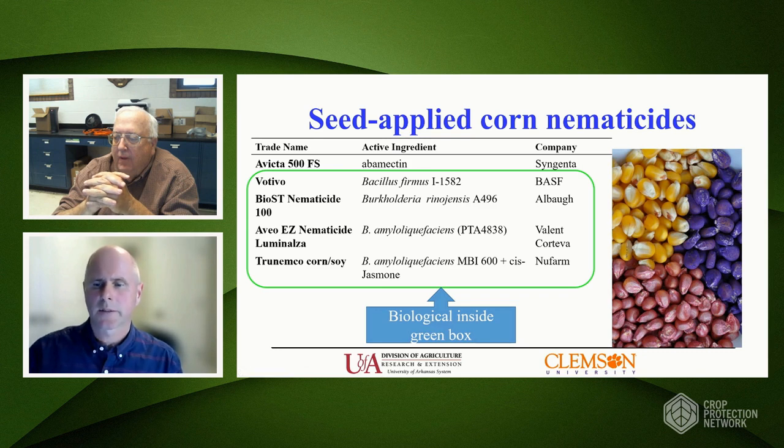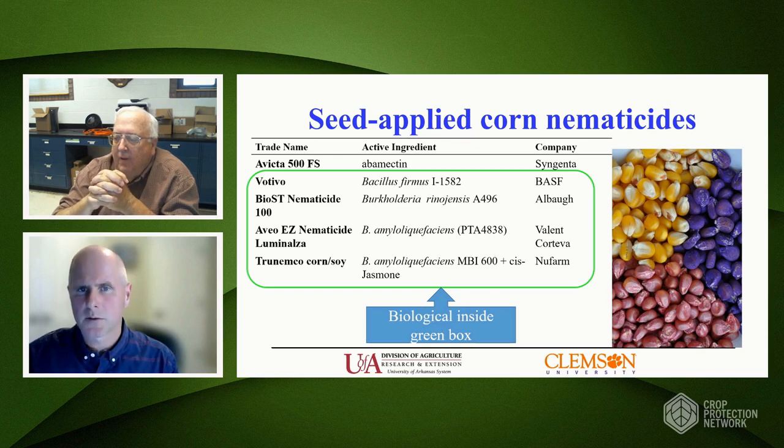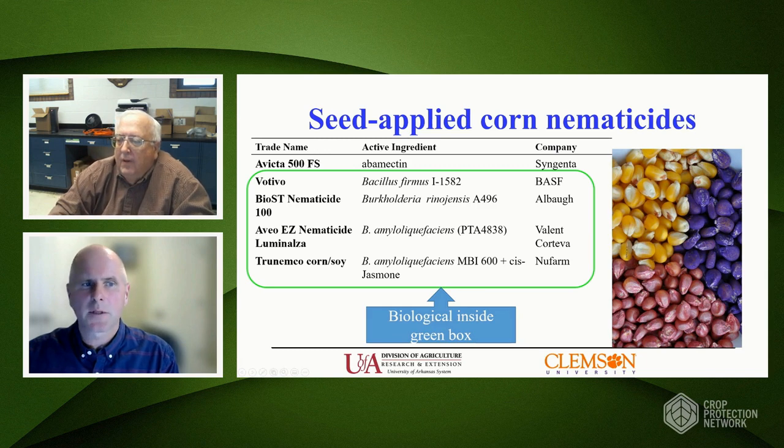So it's really more of a chemical type material, has to wash off the seed coat and get into the soil to provide that protection to the root system. And so again, these are very popular, and some of these are only available by the companies, like with Corteva and some of the Pioneer, whereas the BioST Nematicide 100 and Trinimco in our areas can be applied downstream.